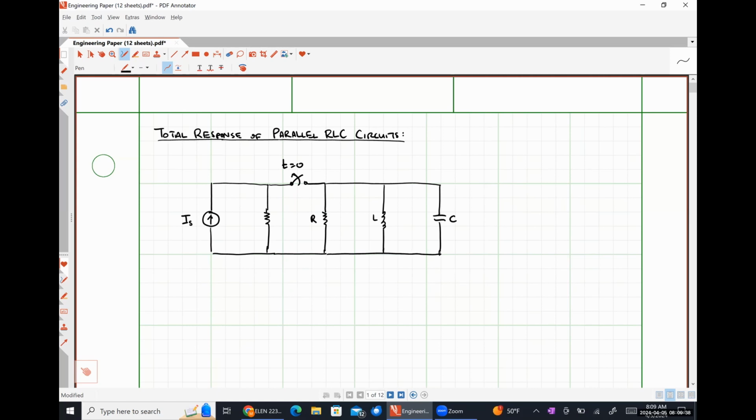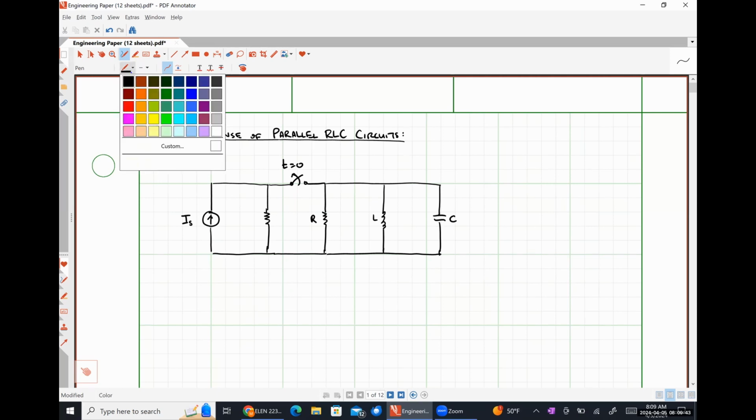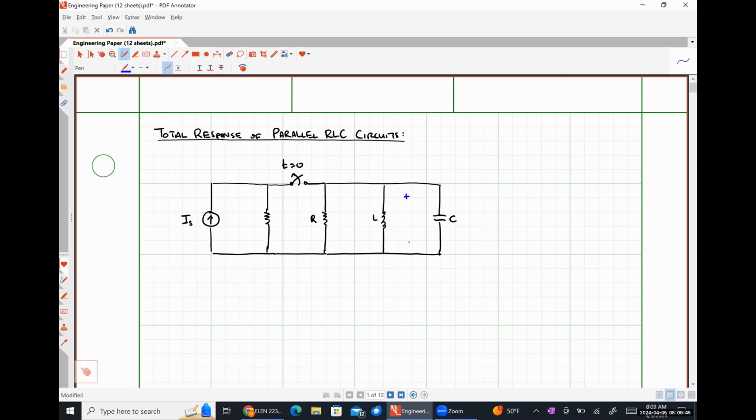Let's define a few things here. This voltage that I'm identifying here, I'm going to call V of t. We are going to treat this like a capacitor voltage because it literally is the voltage drop across our capacitor. However, it is also the voltage drop across the inductor L and the resistor R, because all three of those elements are in parallel.